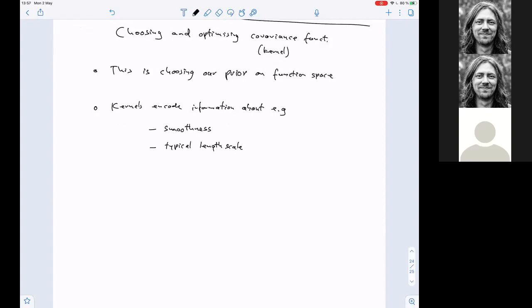So do you a priori expect your true function to have a lot of short wiggles, a short length scale, or a long length scale? It encodes things like, do you expect your functions to have some sort of periodicity? Is there some sort of trend? Is it increasing, decreasing in some way? Is your function symmetric in some way? Perhaps it's symmetric around the origin, and so on.